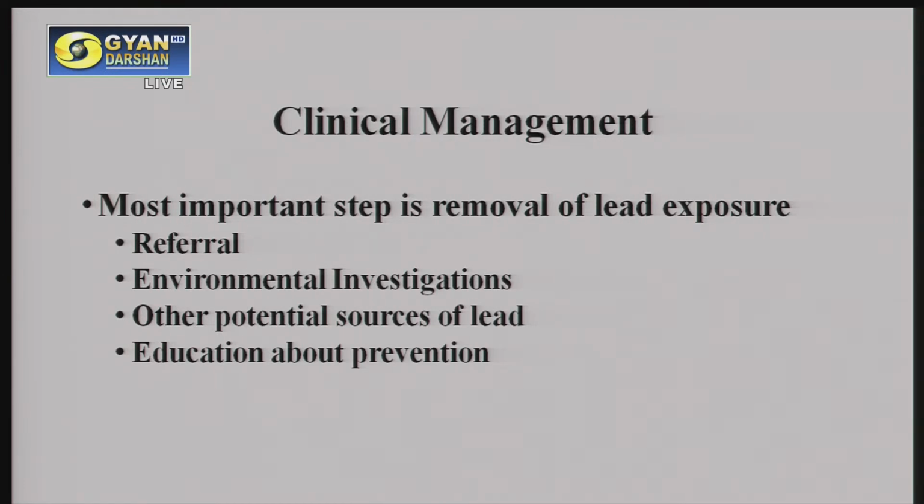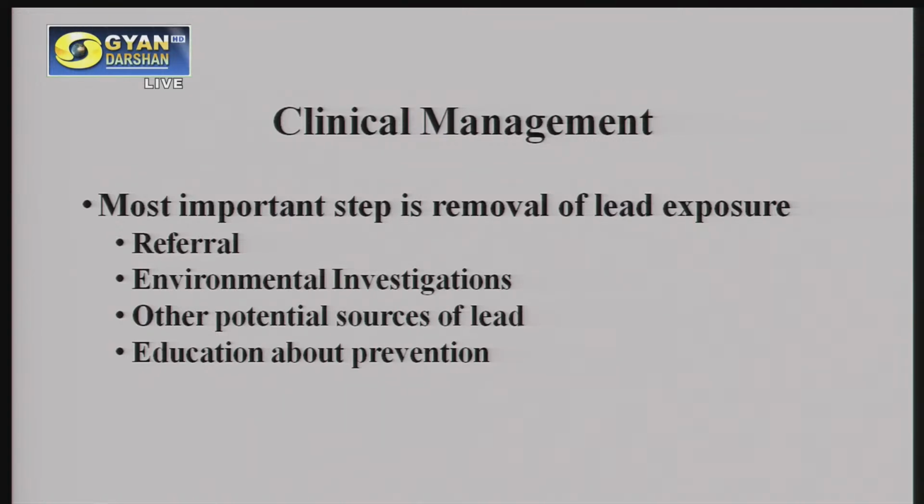as you know, this individual has had lead poisoning. Then environmental investigations have to be done. So you have to check the lead content in the soil and in the air, and it has to be within the permissible limits. If it is not, steps have to be taken to keep it within the permissible limits because other people are at risk at the same time.